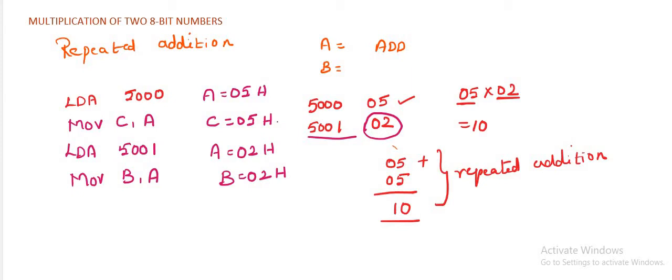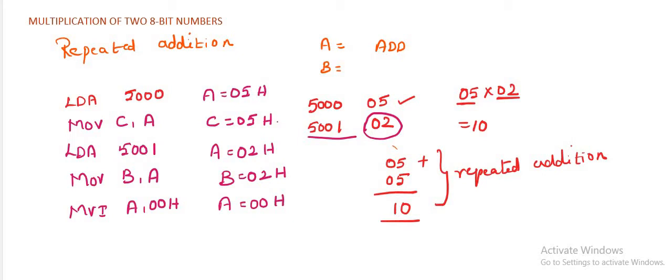Next, we have to make the accumulator 00. So MVI A, 00H. Now A is equal to 00H. Then we have to perform the addition operation. This A value is 00. We have to add 05, then another 05.